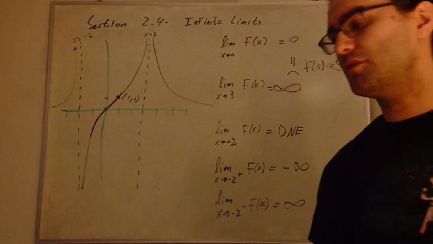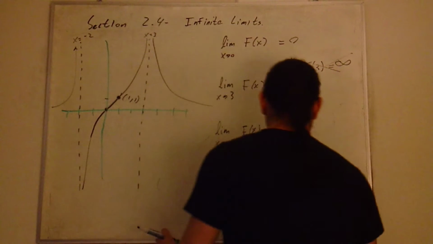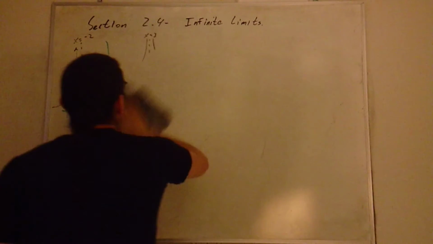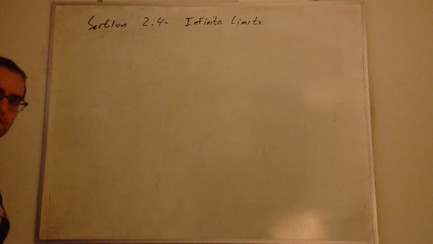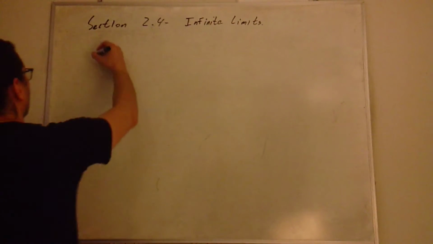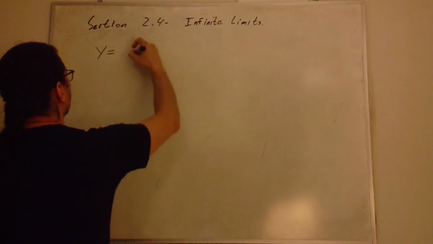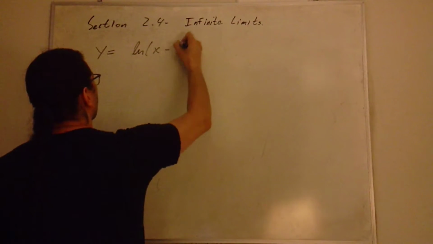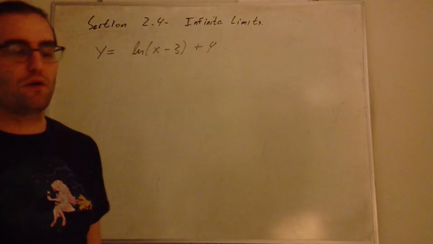So there's a couple more things we need to talk about. First thing we should talk about is the other kind of function that has vertical asymptotes. This is y equals the natural log of x minus 3, quantity plus 4.